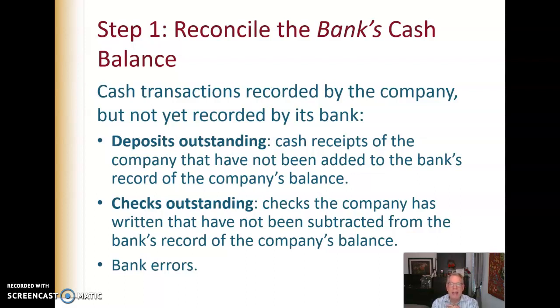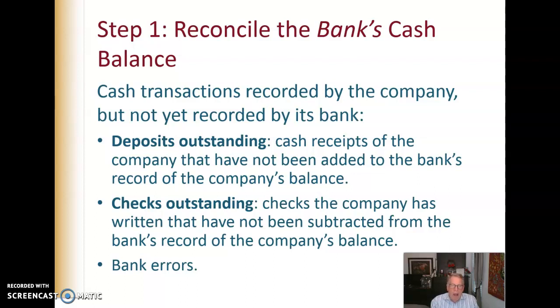Well, let's say at the end of the calendar year, December 31st, we run down to the bank, and at 7 o'clock at night, we throw our deposit for that day in the bank depository. The bank has not recorded that on their records, but we have on the company side. So we're going to correct the bank. In this case, we're going to adjust it by adding that deposit to the bank balance.